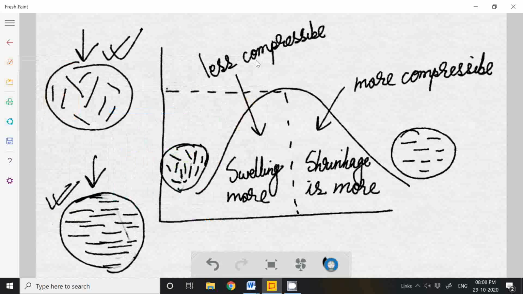So that's why I tell you that on the wet side the soil becomes more compressible, shrinkage is also more, and swelling will be more on the dry side. I hope I am clear with it.